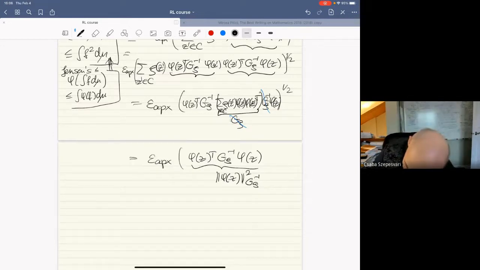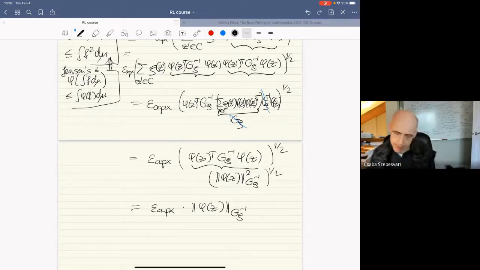The whole thing is under the square root, lucky for us. So, as promised, this weighted norm length of the feature vector appears indeed as the extrapolation error.